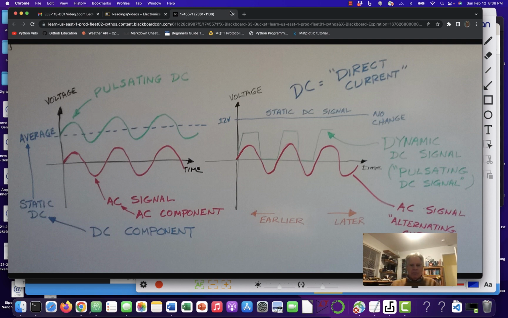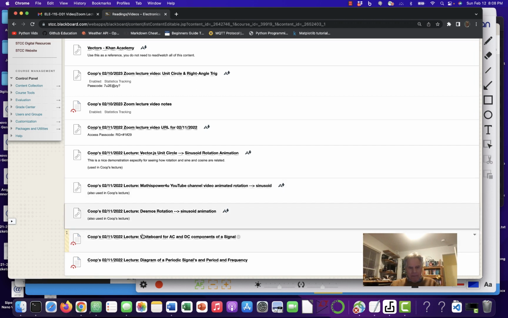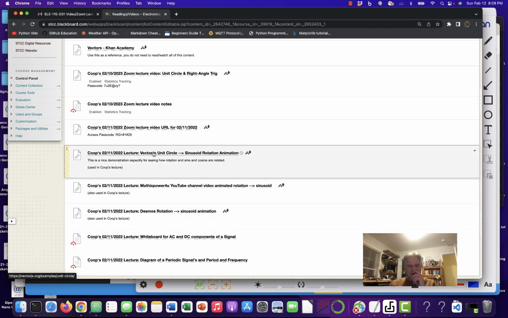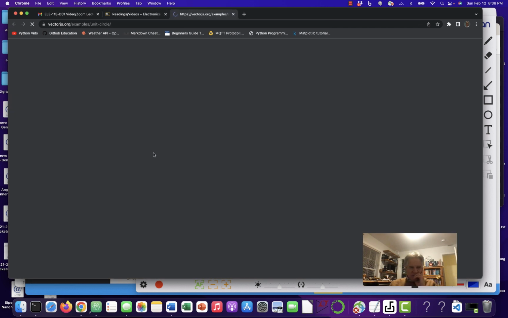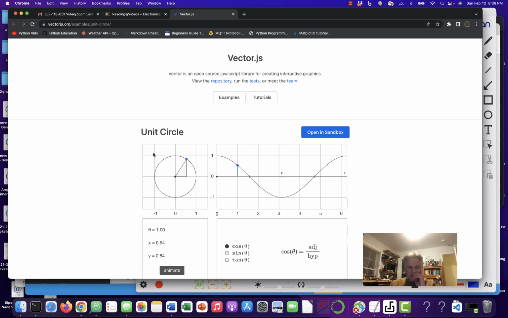Next thing, this is just some of these three guys right here. They're from last year. They're short little demonstration websites. This one here is this vector.js. This is written in JavaScript.